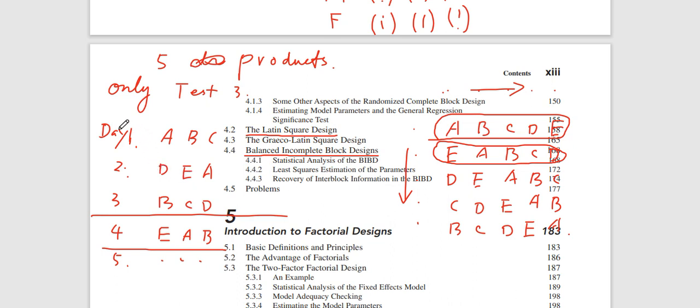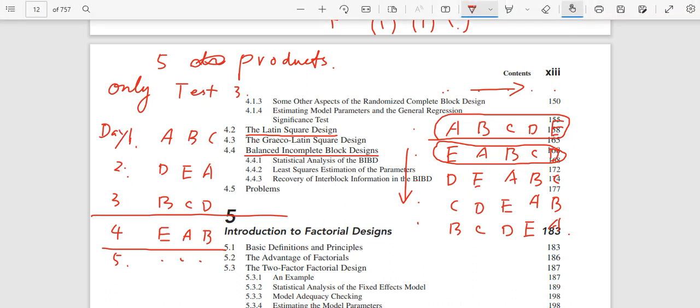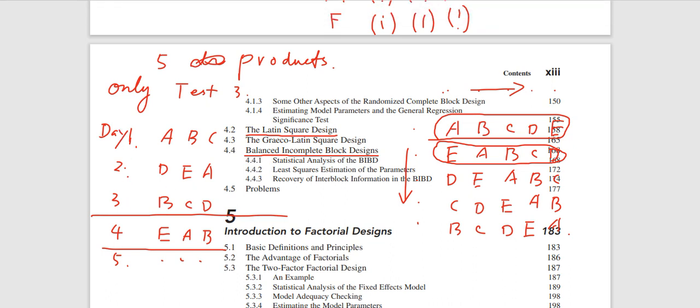Day 1, day 2, day 3, day 4: different days may have some influence on the result, but we don't care about that difference. Each day is a block.